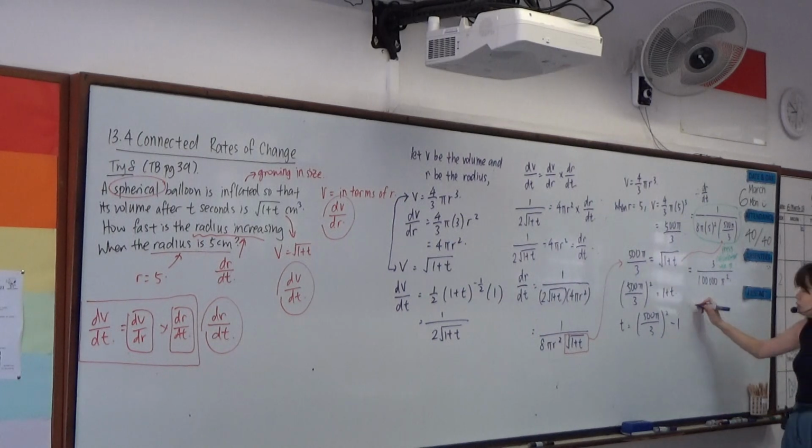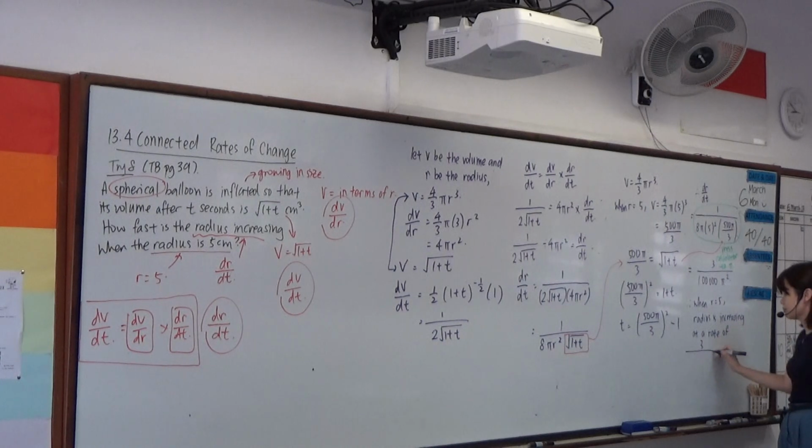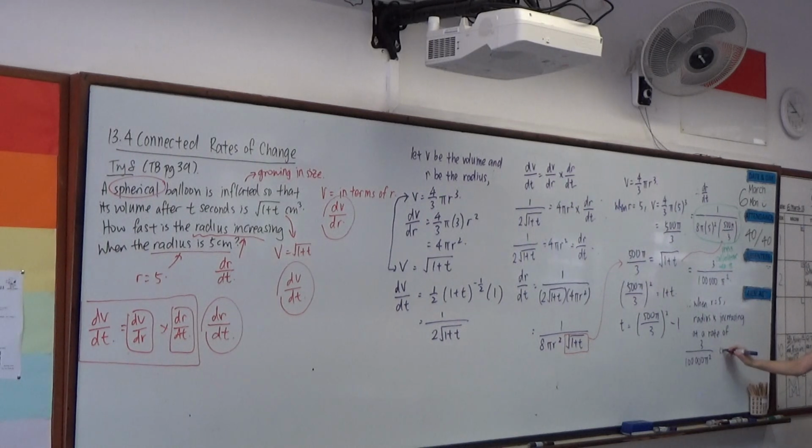So therefore, in conclusion, when r equals 5, your radius is increasing at a rate of 3 over 100,000 pi squared cm per second.